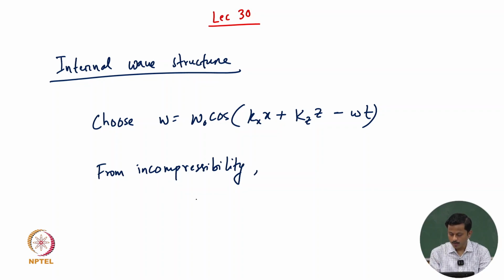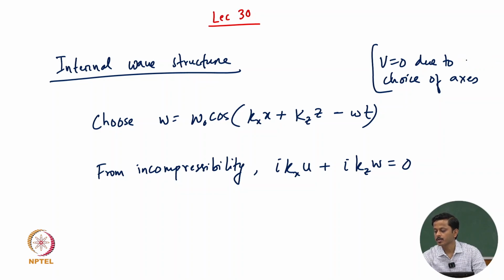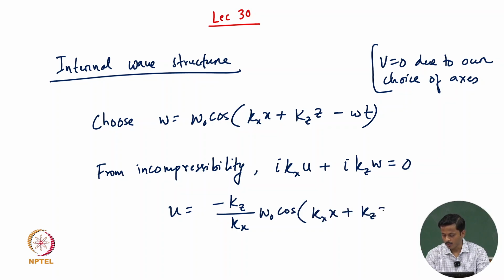From there we have i kx u plus i kz w equal to 0, given that v is 0 due to our choice of axis. So this gives us u as minus kz by kx times w, which is w naught cos of this argument.